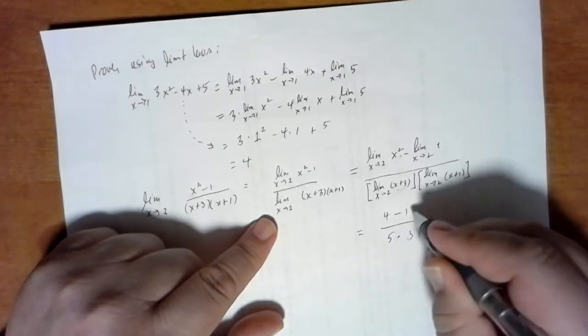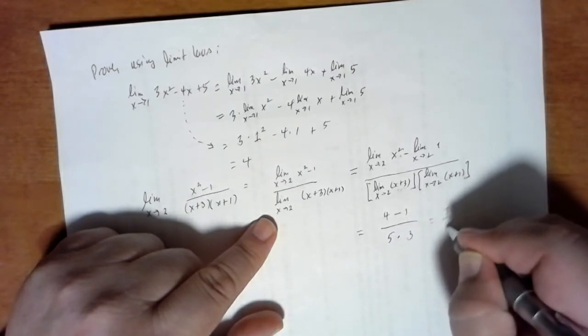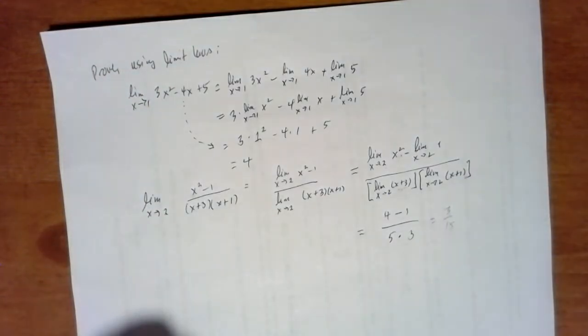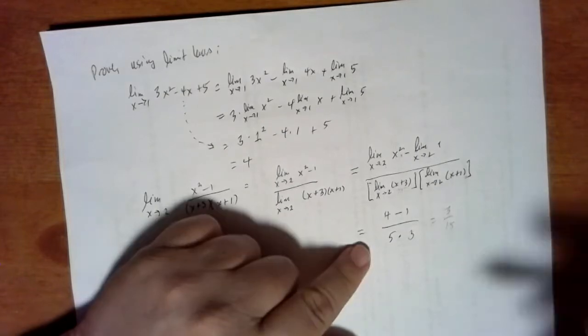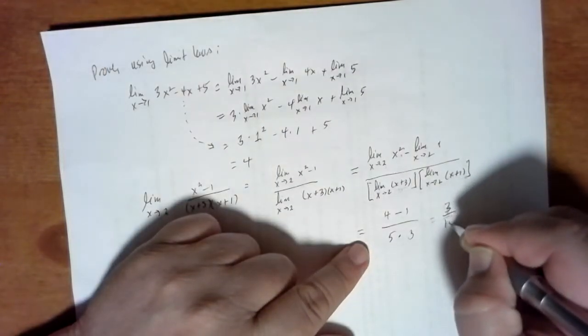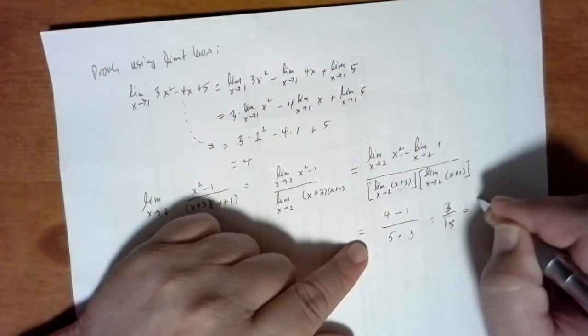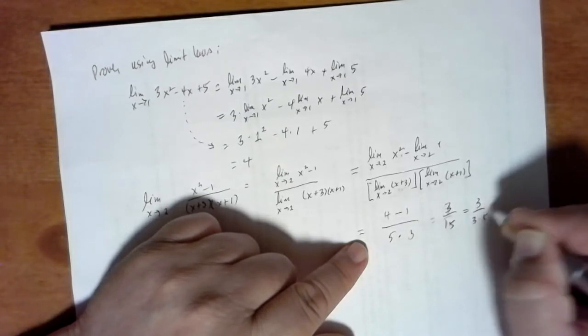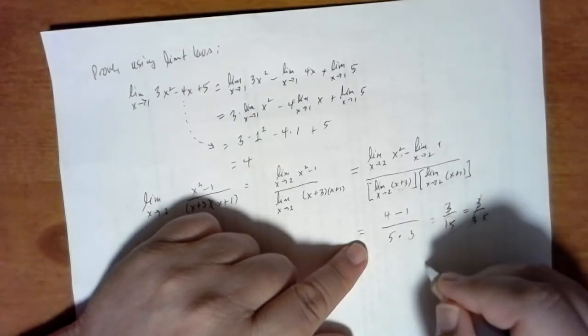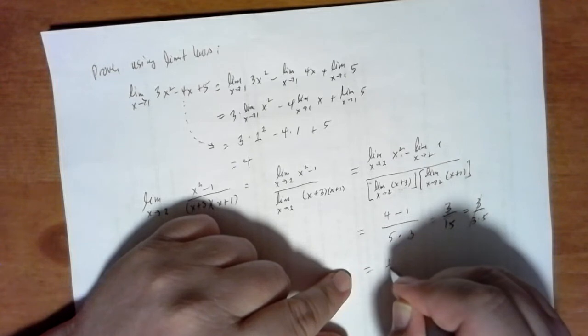Good. So that's going to be 3 over 15. Please simplify your fractions. That's 3 over 3 times 5, and so that's going to be equal to 1/5.